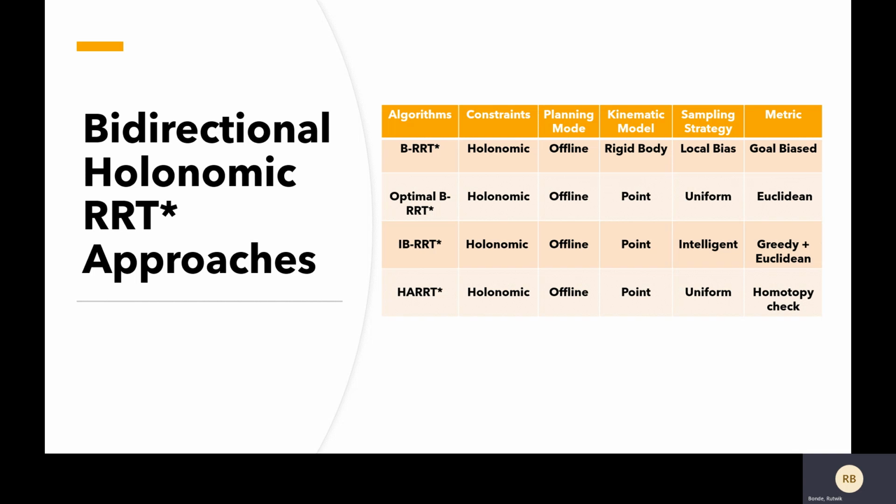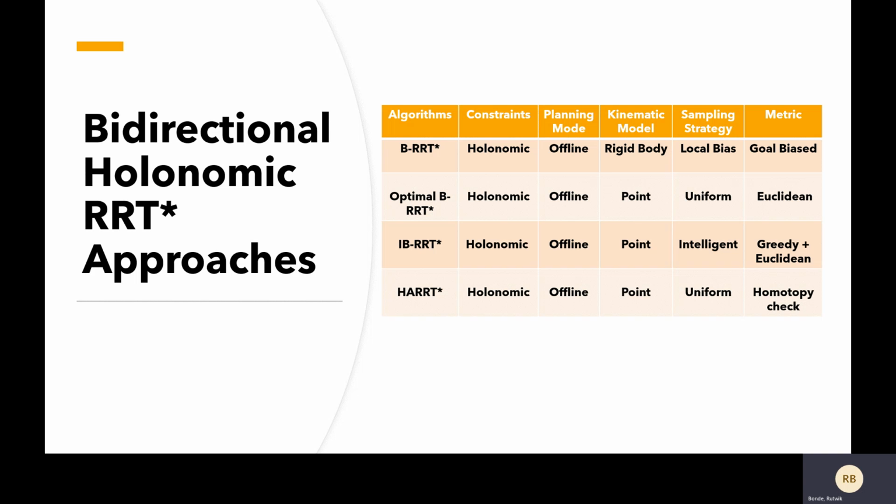This is because managing non-holonomic constraints using the connect heuristic of bidirectionality does not guarantee the connection of both trees. Therefore, bidirectional variants of RRT star are considered suitable only for holonomic robots.